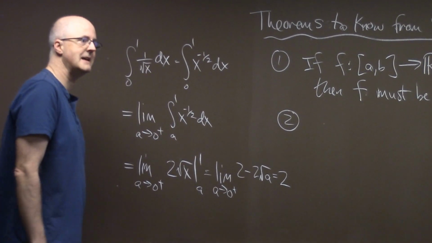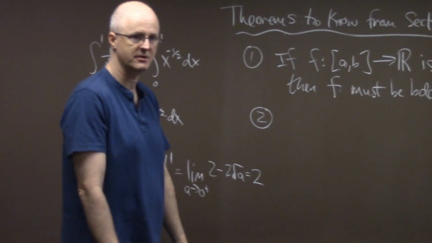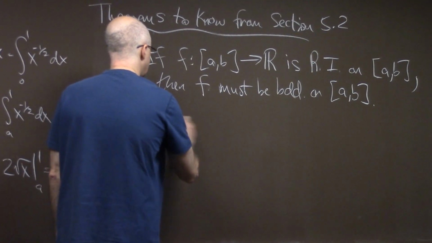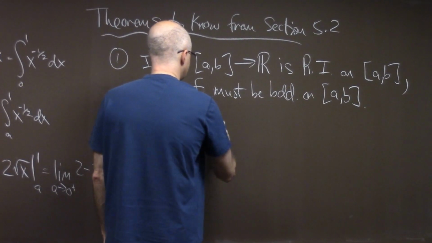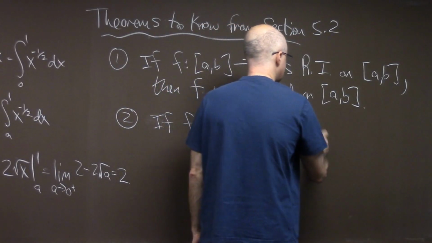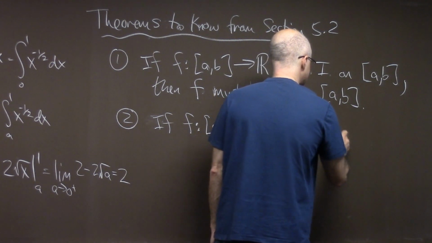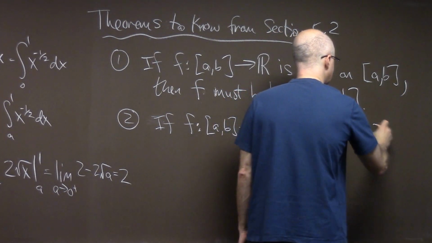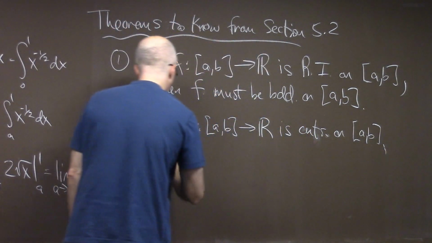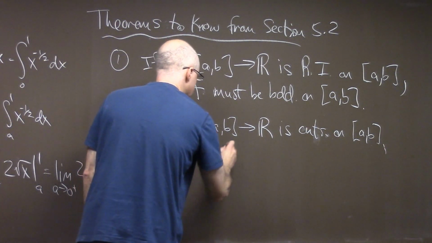Second property to know is that if your function is continuous, that's a sufficient condition for Riemann integrability. If f is continuous on the interval from a to b, then f is Riemann integrable on that same interval.